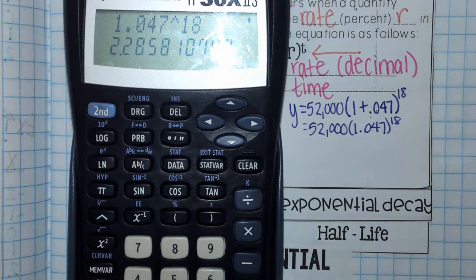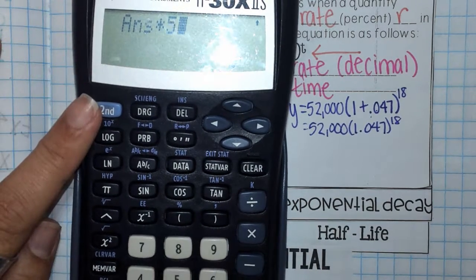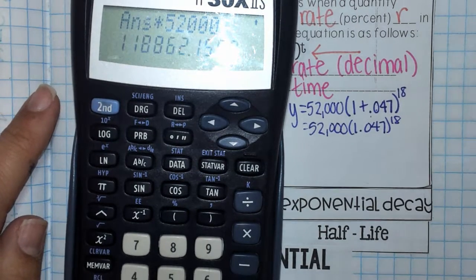This button right here means x to whatever power. And so then type in 18. Alright, so once you have 2 point something, I want you to multiply that times 52,000. Don't hit clear, just hit times 52,000.